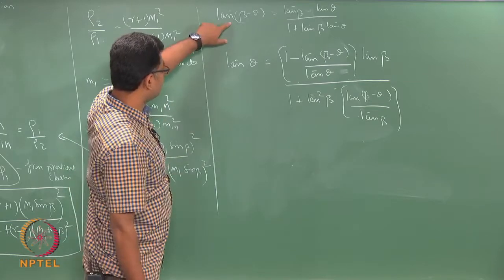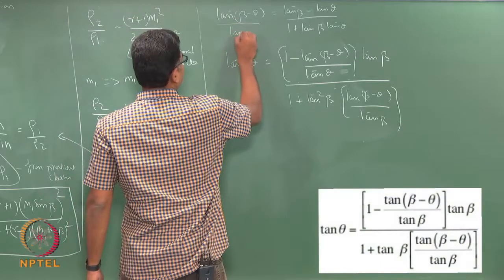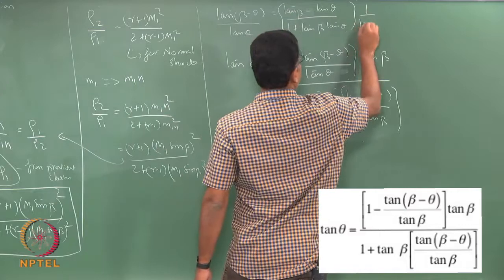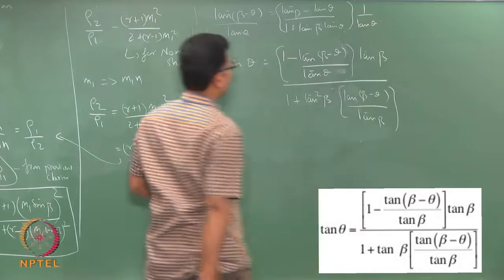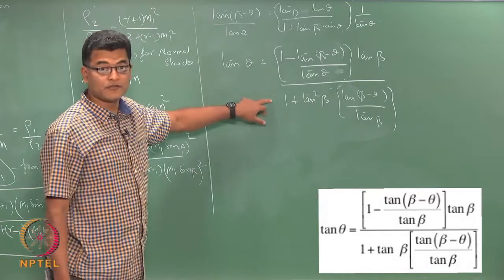So, I take this relation divided by tan theta into 1 by tan theta, and I reduce that to this particular form.